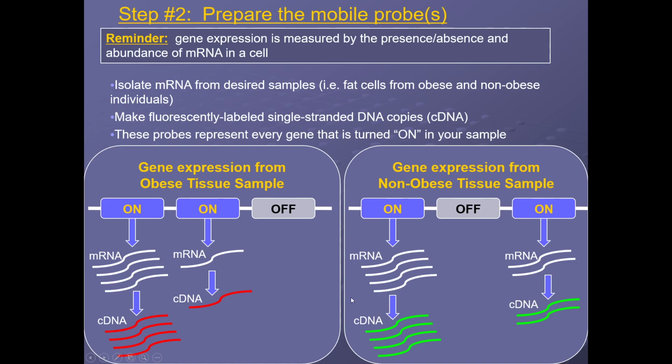So now the idea is that all of the cDNA that came from the diseased tissue sample will be labeled red with the red dye. And all of the cDNA that came from the healthy tissue or a control tissue will be labeled with the green dye. And what will happen next?